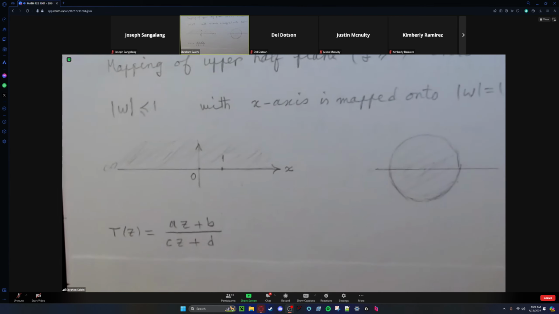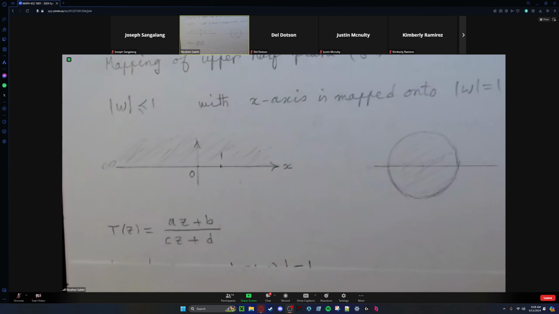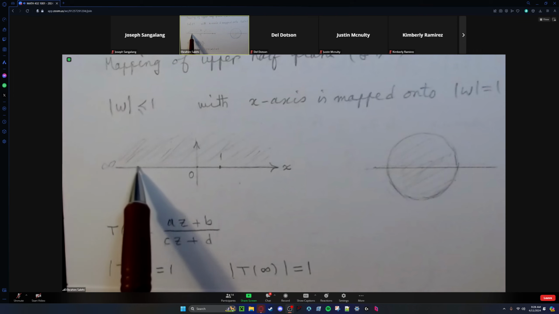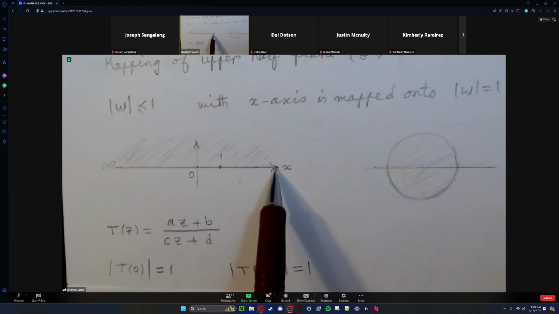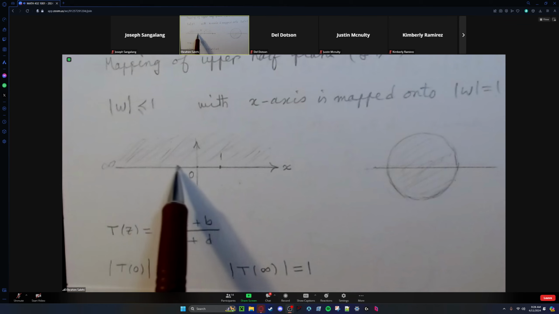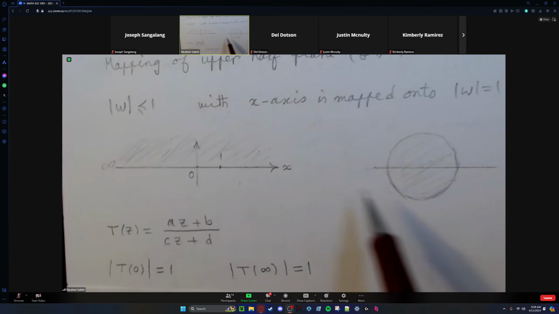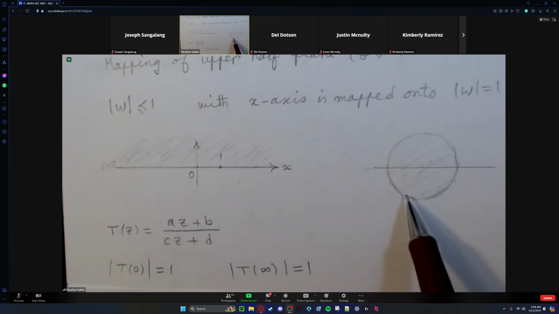Okay, here is the first one. Well, I want the x-axis to be the boundary here, be the boundary here, right?